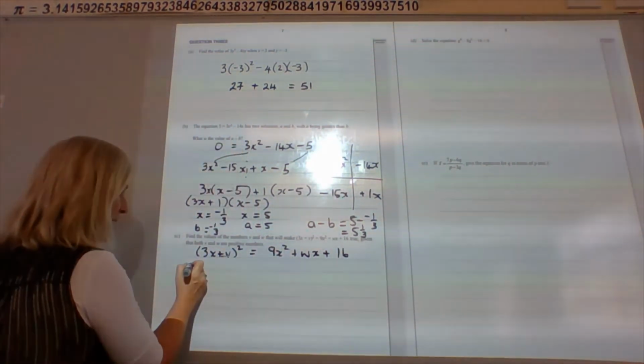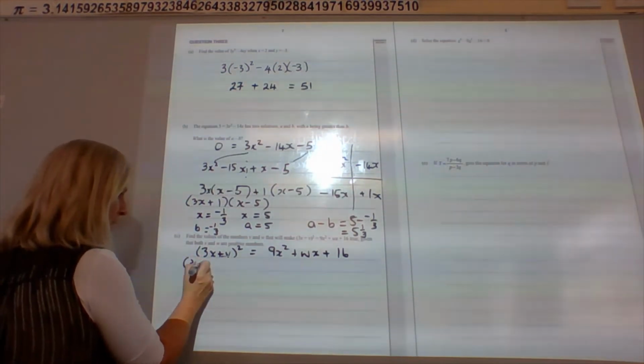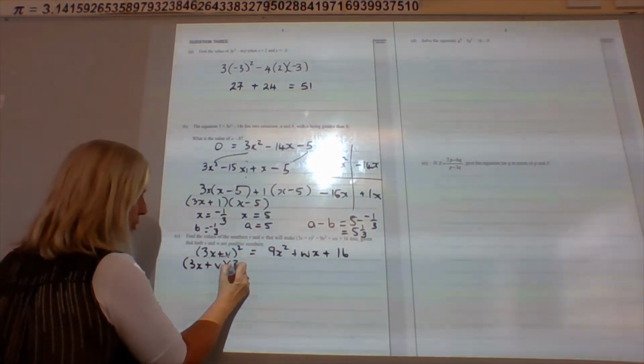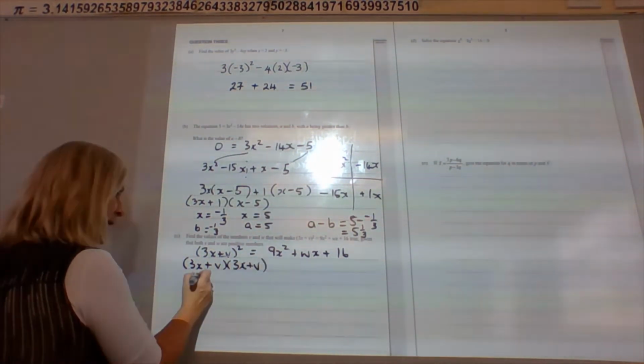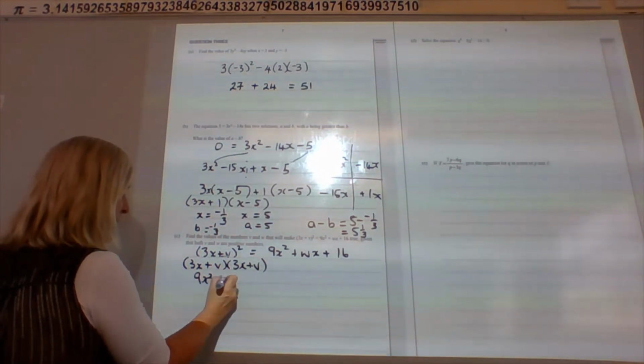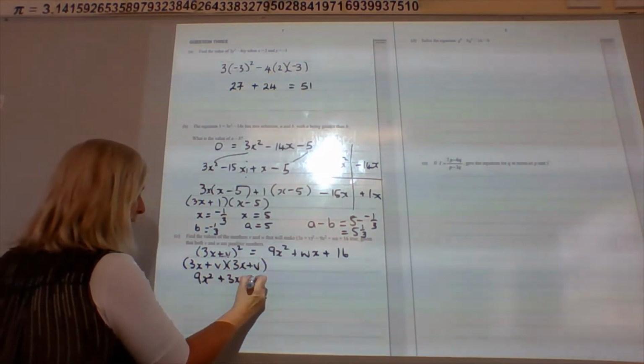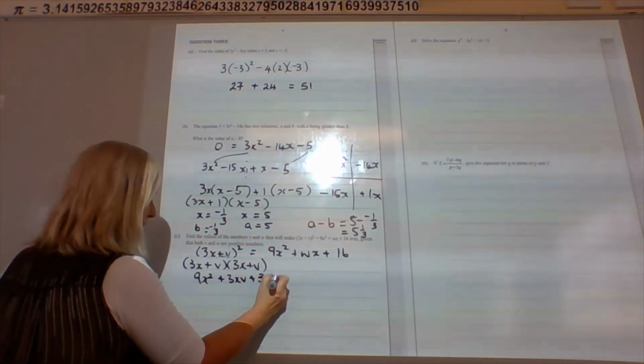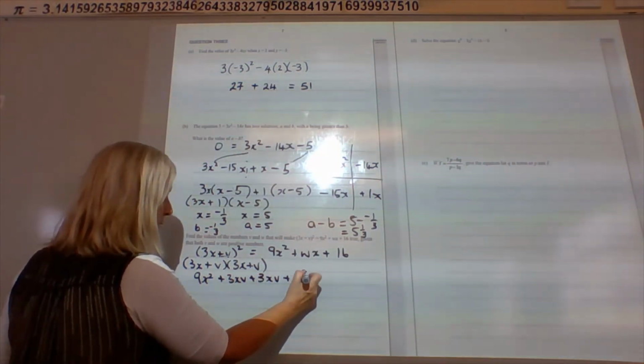So multiplying this one out, remember we need to write them separately. So we get 9x squared plus 3xv plus 3xv plus v squared.